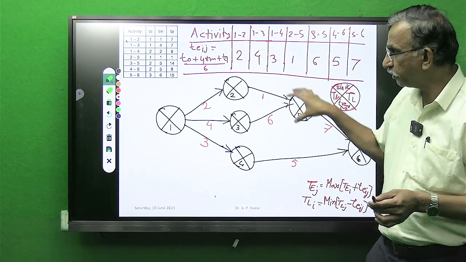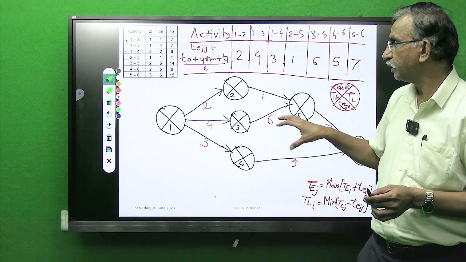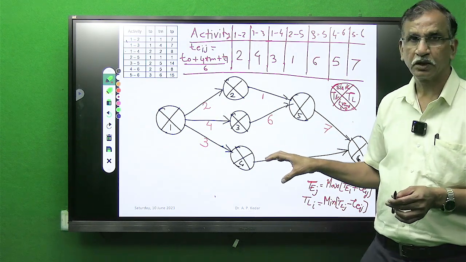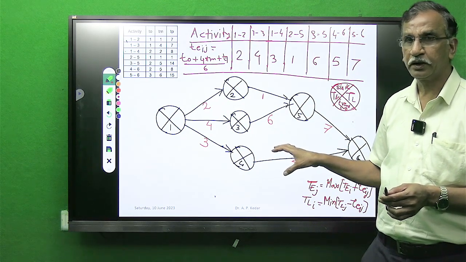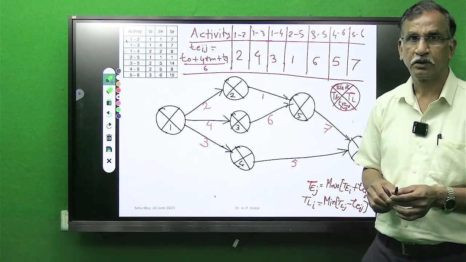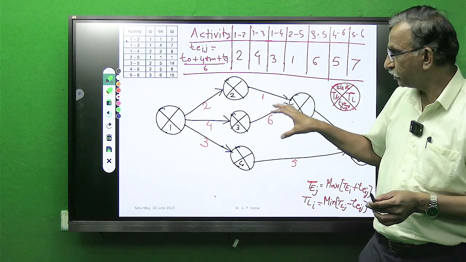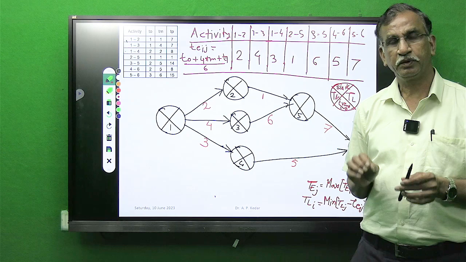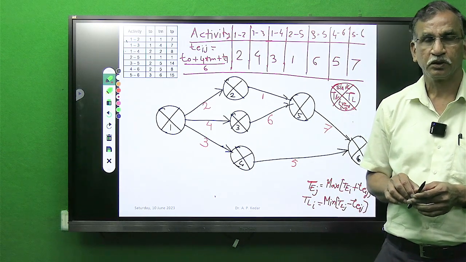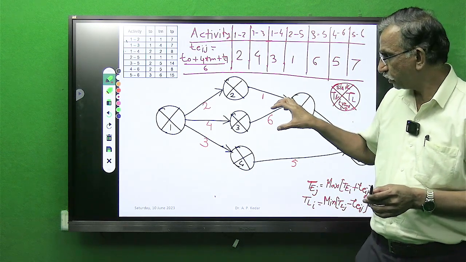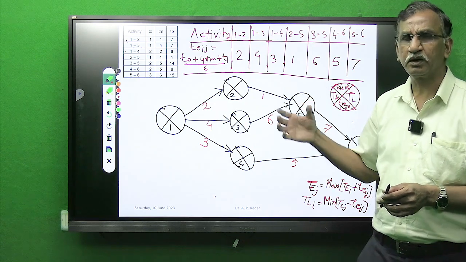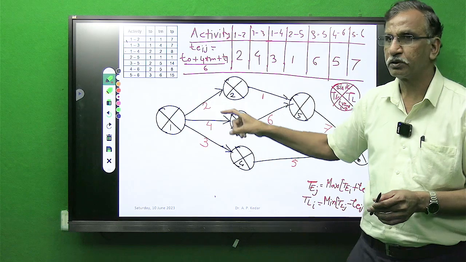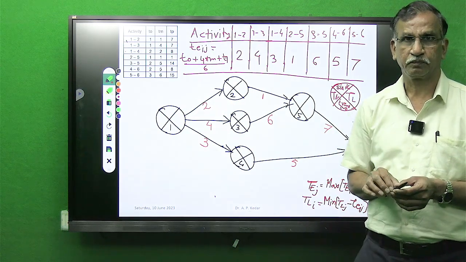So with this preliminary requirement for the problem, we will end today's discussion at this point of time, and in the next lecture we'll see how to solve this problem by the logic. Meantime, what you can do is solve multiple problems, only practice drawing the logical network.